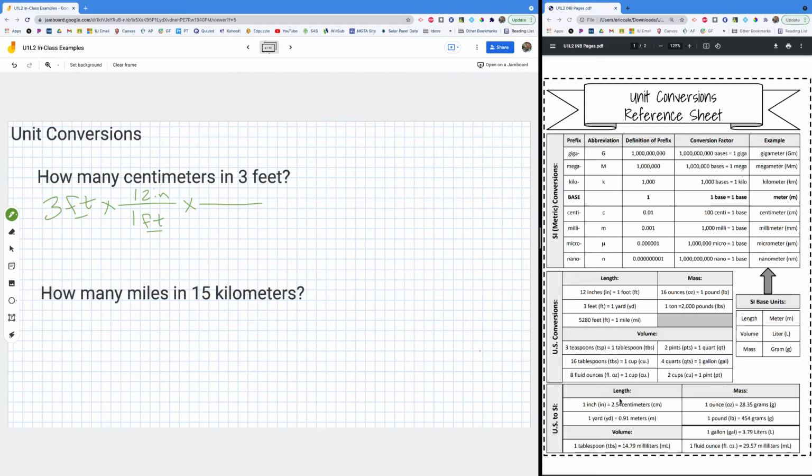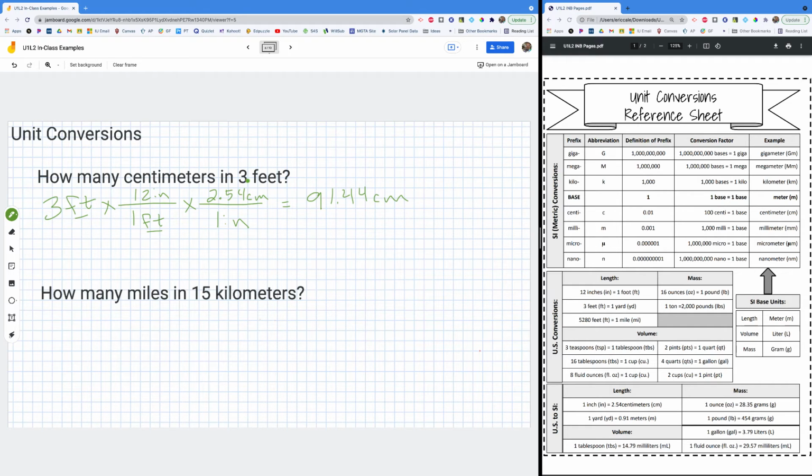According to the US to SI conversion, 1 inch, we'll put that on bottom since it's on top in the previous step, is 2.54 centimeters. So now we'll punch it in our calculator. We'll do 3 times 12 times 2.54, and we get 91.44 centimeters.